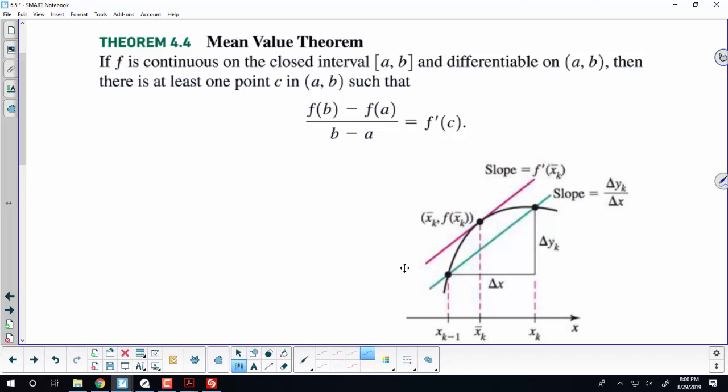So the mean value theorem says that if we have some continuous function on the closed interval and differentiable on the open interval, meaning just the derivative exists at every value on that interval, then there is at least one x value, we're going to call it c, in between our a and b, so somewhere inside that interval, where f of b minus f of a over b minus a is f prime of c.